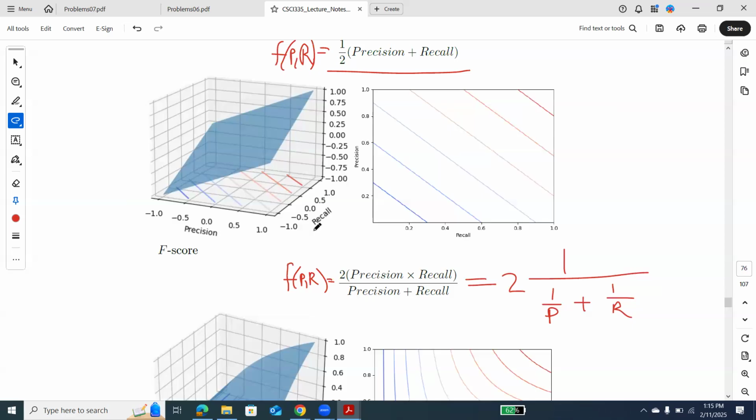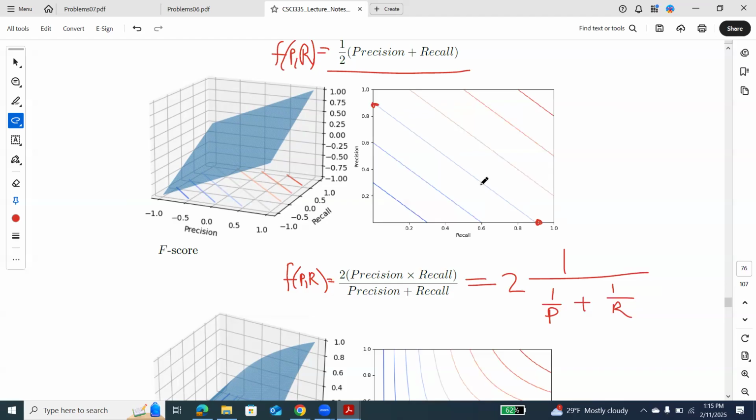If you look at the first image, at a value of about 0.9, you can see that you can get 0.9 with 0 precision and 0.9 recall, or with 0 recall and 0.9 precision.